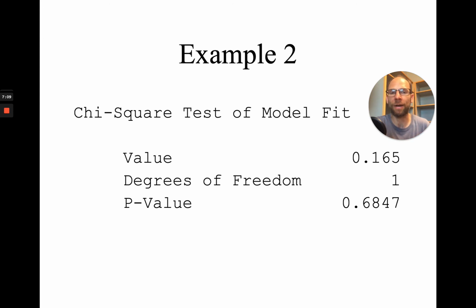So there are corrections, for example, for non-normal data that you can use. There are also corrections for clustered data. There are corrections for the model size effect. When you have many indicators, then the chi-square may not be correct. So you might want to look into that as well, because there are many reasons why a chi-square test of model fit could be significant, and it's not just model misfit.